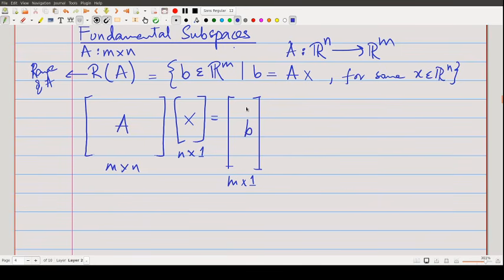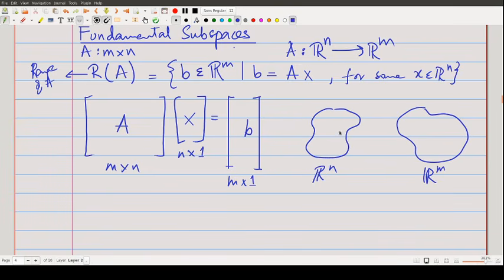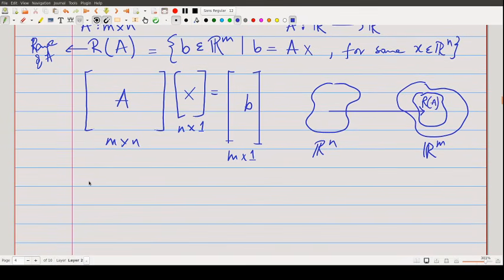And the other thing, the linear transformation view, is that you have Rn and you're mapping it into Rm, and all of the range, the possible results, the column space basically, is called the R(A). So you can consider it in two different ways.